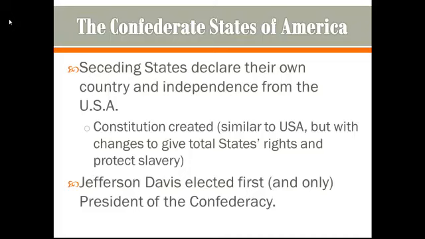And the constitution they created had changes that gave the states total rights, total power over any central government, and it also protected slavery. They then elected Jefferson Davis, the first and only president of the Confederacy. Jefferson Davis had been a senator from Mississippi, and he reluctantly accepted the presidency of the Confederacy, knowing that the future of these countries was going to likely be met with great hardship, war, and destruction.